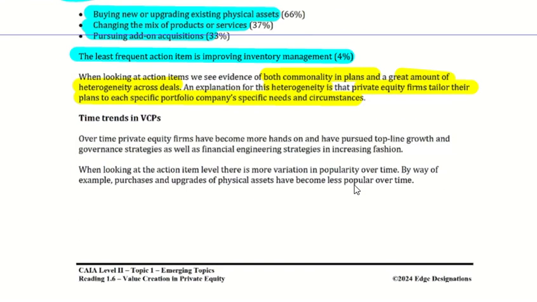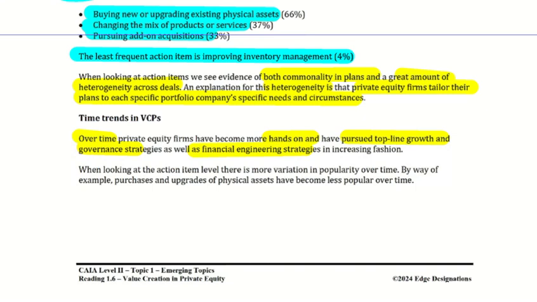Okay, we look at time trends in VCPs. Over time, private equity firms have become more hands-on and look more and more at top-line growth and governance strategies, as well as financial engineering strategies.